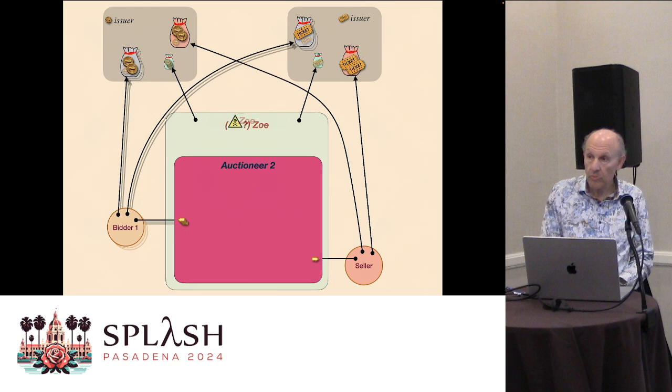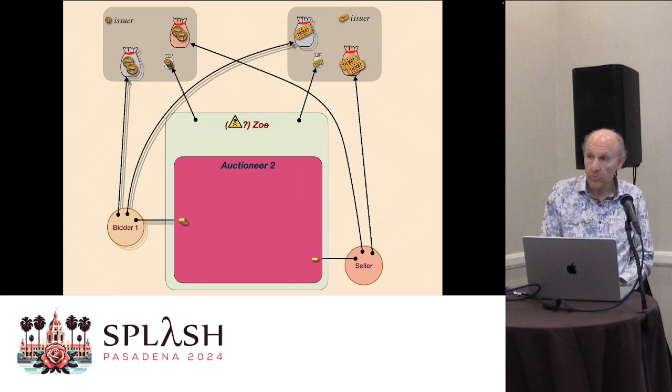Now, if Zoe is misbehaving, it's just the same as the escrow exchange agent or the auctioneer misbehaving. But again, Zoe is supposed to be a highly vetted, highly reusable piece of code that underlies all of these different smart contracts and that is doing a very well-characterized, specifiable job.